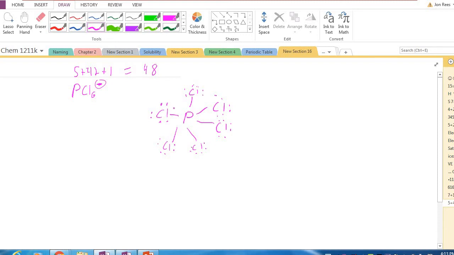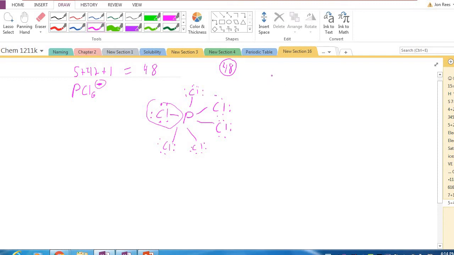Let's count the valence electrons. There's 8 in each of these units right here, and I have 1, 2, 3, 4, 5, 6. 8 times 6 is 48. Each of those chlorines has an octet. That phosphorus violates the octet rule, but we know it can do that sometimes. So here is our valid Lewis dot structure.